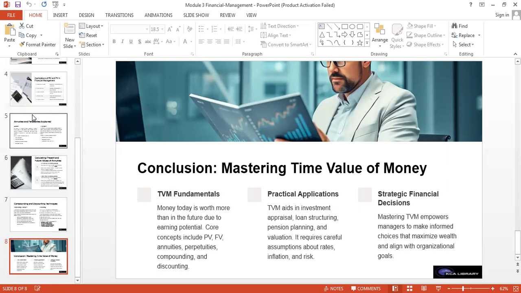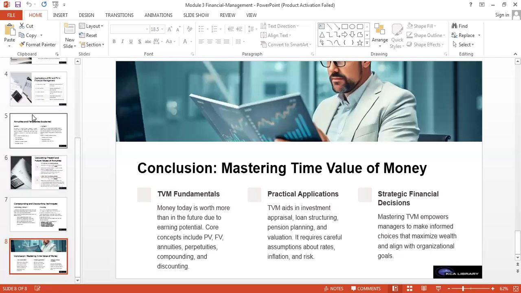Talking about the TVM fundamentals, we've seen that money today is worth more than in the future due to earning potential, and the core concepts have been discussed, which are the PV and the FV, the annuity, perpetuity, and compounding and discounting techniques.